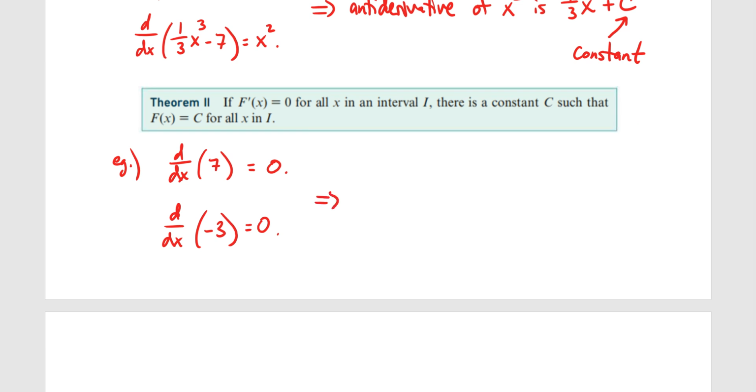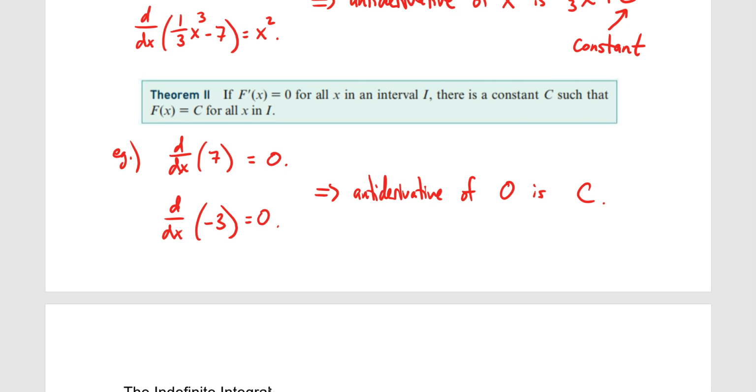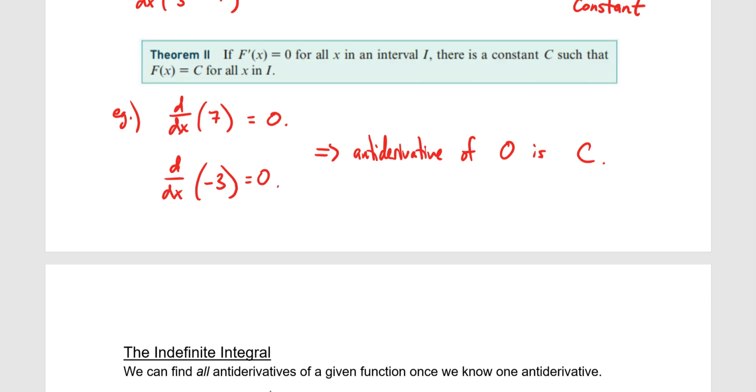So if we're trying to find the antiderivative of 0 and we're trying to go in the reverse direction, we can't say the antiderivative of 0 is 7. We can't say that the antiderivative of 0 is -3. All we can say is that the antiderivative of 0 is some constant. Okay, so those are just a couple important concepts that we will be using for essentially every single problem here.